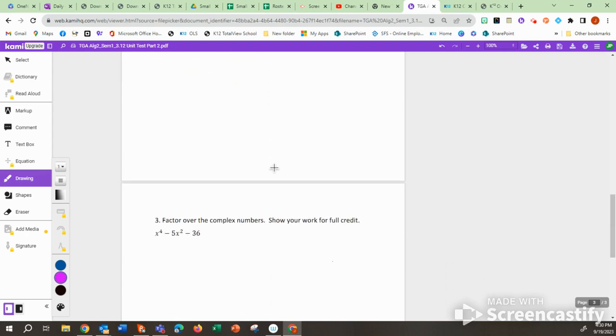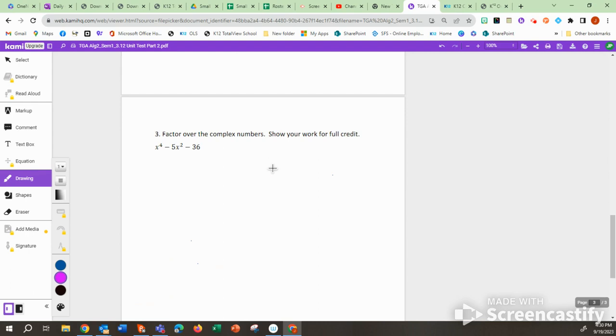All right, number 3 is asking us to factor over the set of complex numbers. So this is something I mentioned today in Class Connect. When it's talking about complex numbers, that means imaginary numbers.